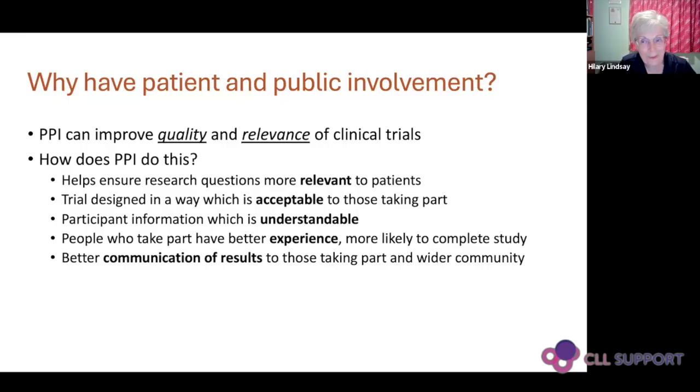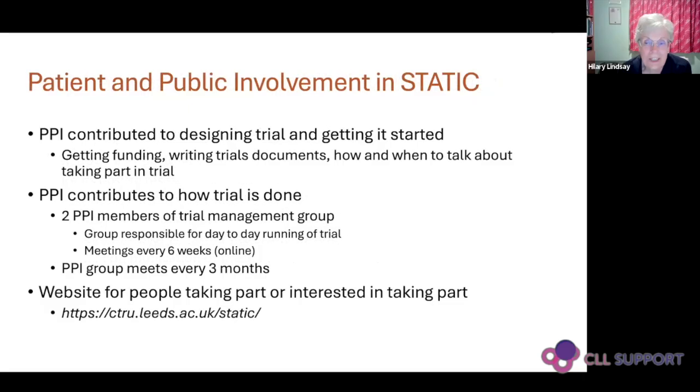I mean, you can't communicate results until there are any to communicate, but you can still make sure there's better communication all the way through a trial. And in fact, the website that Doina was mentioning is something that came out of the PPI involvement on the STATIC trial.